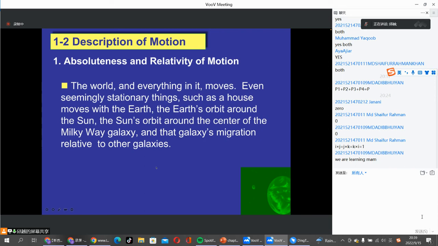So, we can say that there is no stationary thing in the whole universe. There is no absolutely static object.